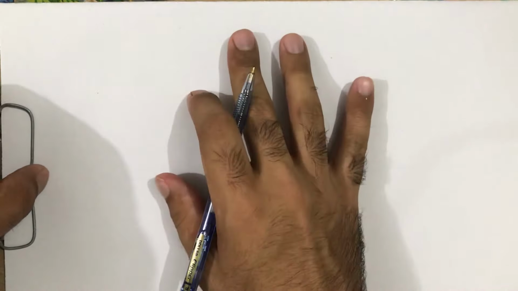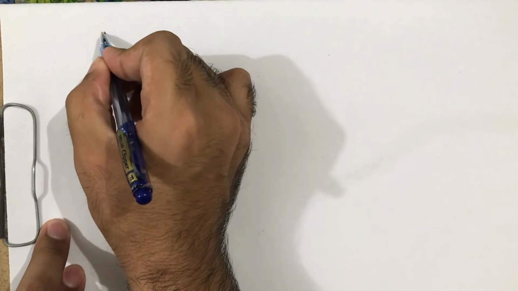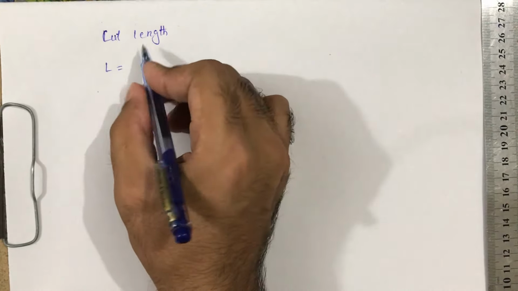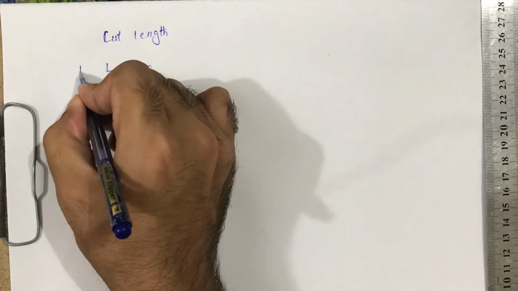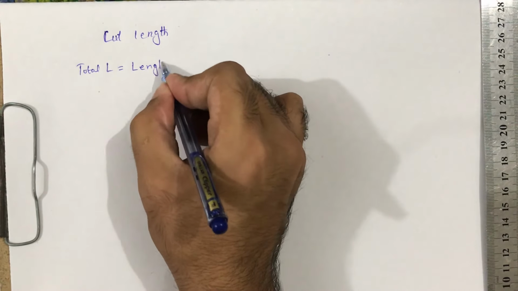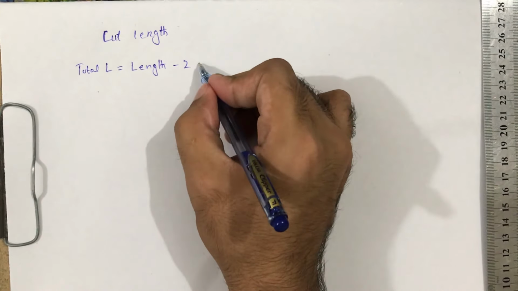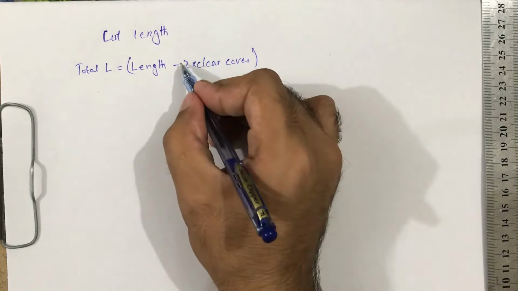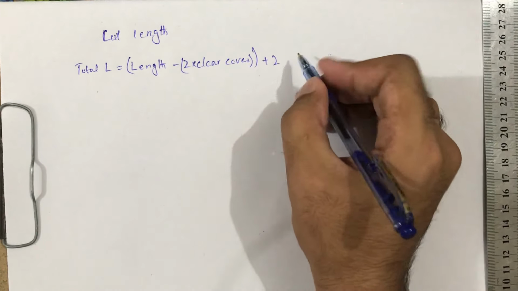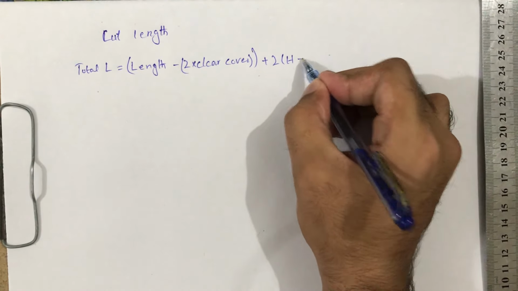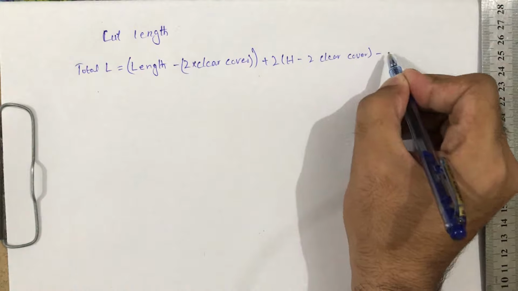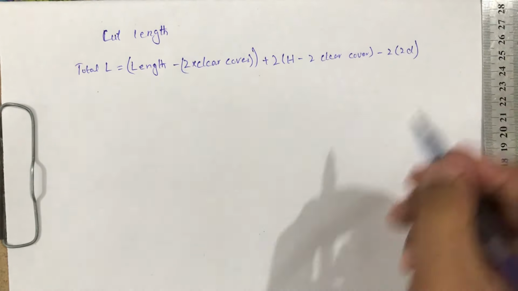So for cut length we have a formula: L, the total length, is equal to length minus 2 clear cover, plus 2 H minus 2 clear cover, minus 2 into 2D.